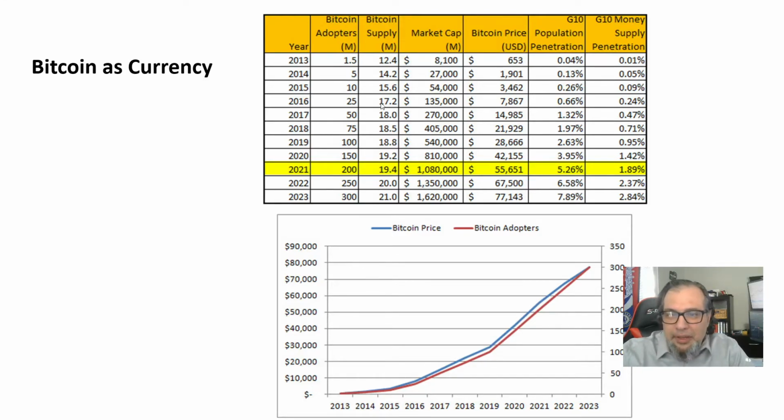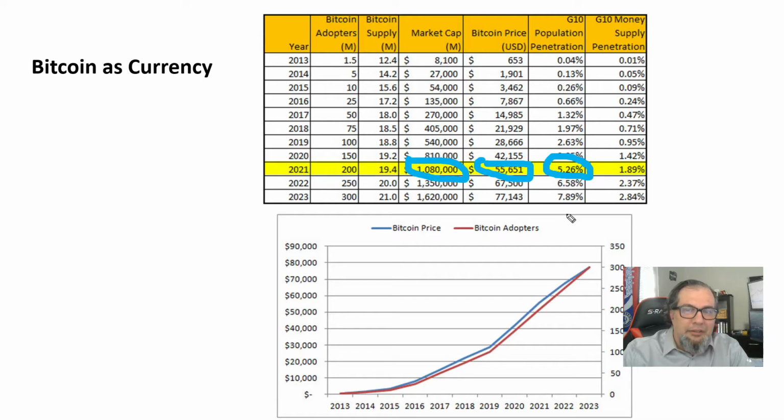So what I calculated back then was, by 2021, Bitcoin is going to be used by about 5% of the population, and it's going to represent about 2% of the money supply, right? And based on that, it would have a $1 trillion market cap, and its price would be about 55,000.